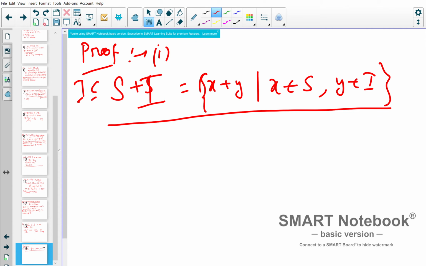To show something is a subring, I need to show that if two elements are there, A and B, then A minus B is also in it.